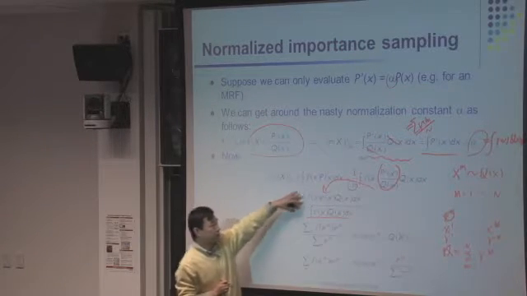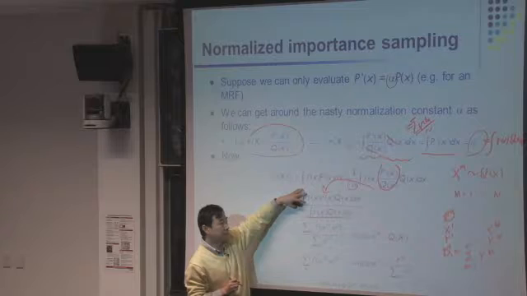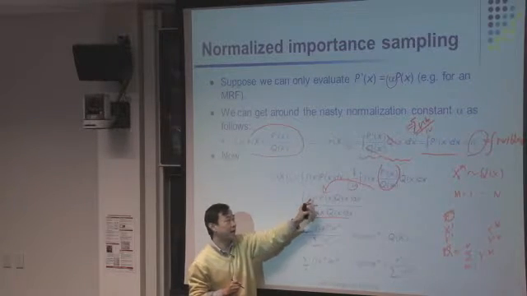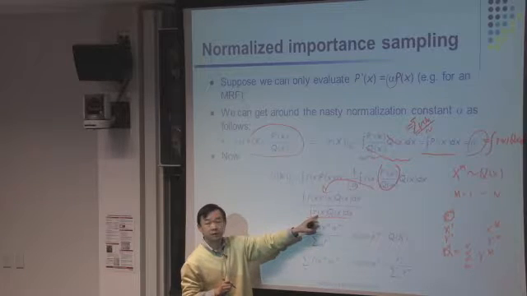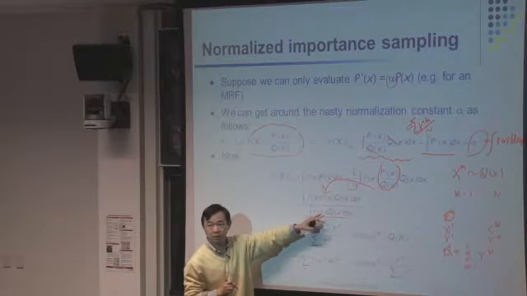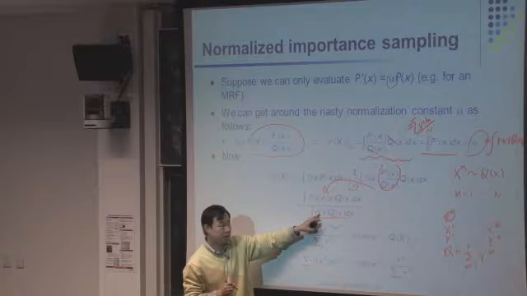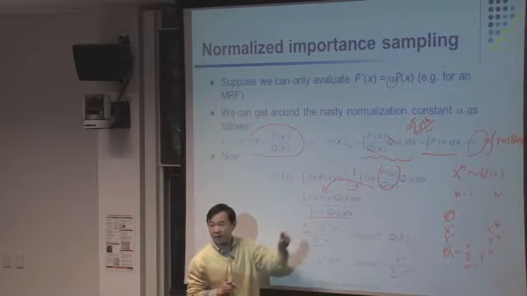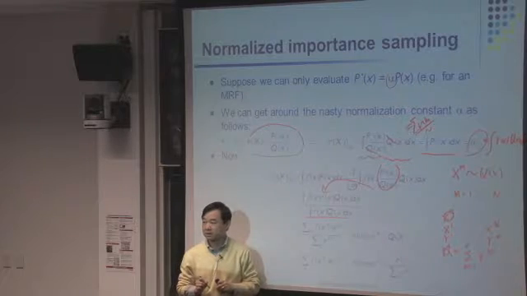So therefore, now you have these two things. On the upstairs, you have a Q-driven expectation over R and F. And in here, you have a Q-driven expectation over R only, right? And this again can be replaced by a sample-based summation.